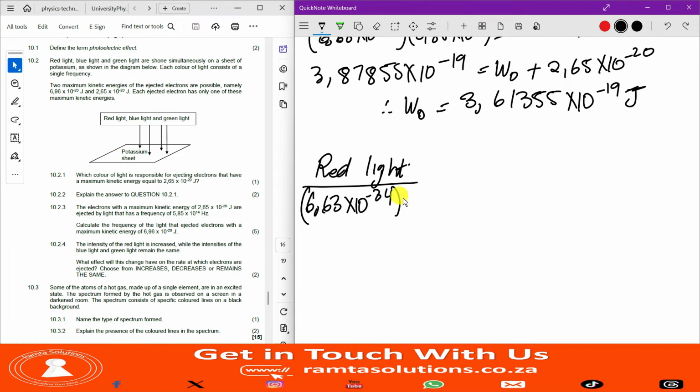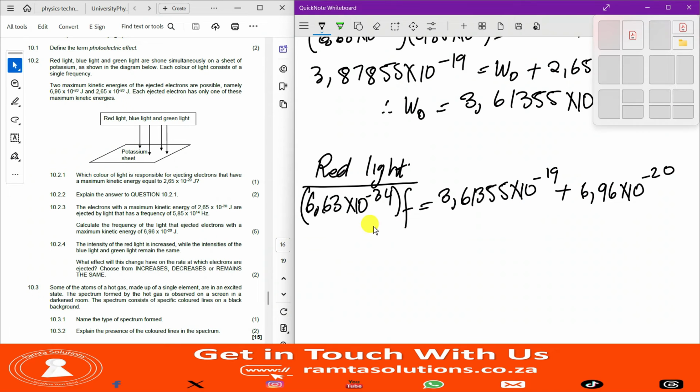All right, the frequency is unknown. What is the work function? 3,635 times 10 to the negative 19. And what was the kinetic energy? It was 6,96 times 10 to the negative 20. Now let's see. I still have this value displaying on my calculator, so I'll just say answer, which is basically saying plus 6,96 times 10 to the power negative 20.